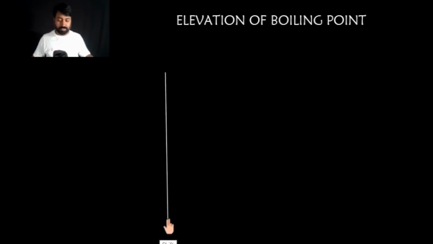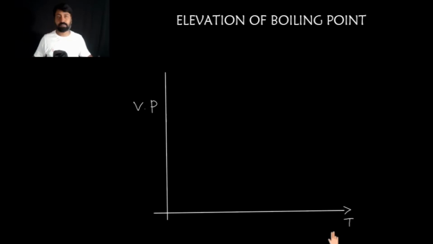On this coordinate axis I use vapor pressure, and along the other axis I will take the temperature T. Assume that somewhere here is 25 degrees Celsius, or room temperature. If I consider only the solvent first, the solvent at room temperature has a vapor pressure somewhere here. This is the vapor pressure of the solvent at room temperature.